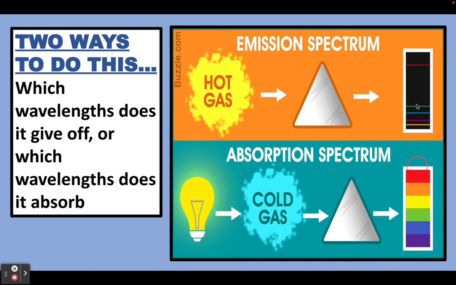So either way, we can identify what the element is, either by what wavelengths were absorbed or what wavelengths were emitted. And they are going to be the same wavelengths. It's just that one is showing you them as emitted and one is showing you them as absorbed.